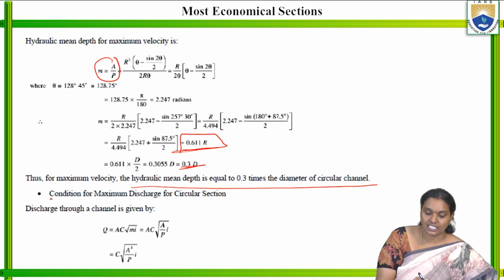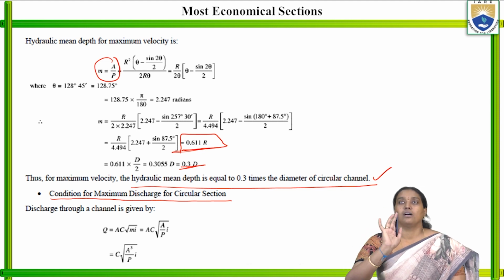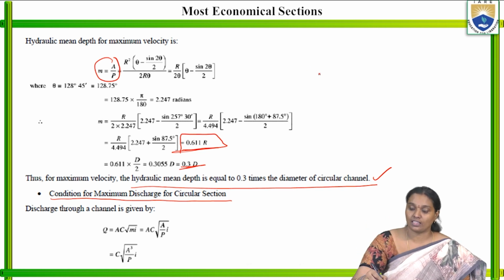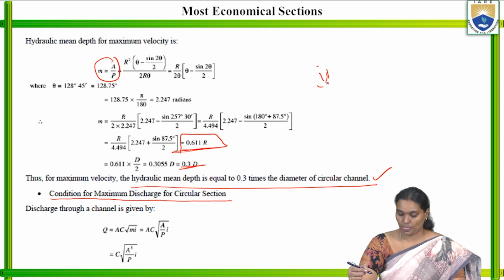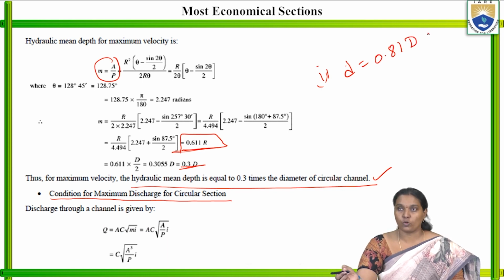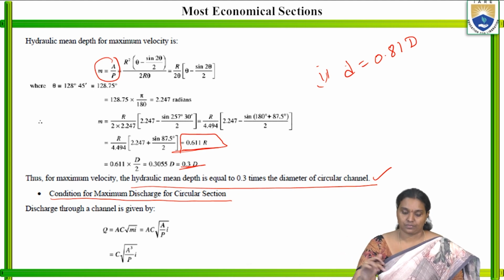The next is the condition for maximum discharge for a circular section. These are the two conditions for maximum velocity of a circular section. One is d is equal to 0.81 into D: the depth of flow, the depth of the water in the circular channel, is equal to 0.81 times the diameter of the channel.